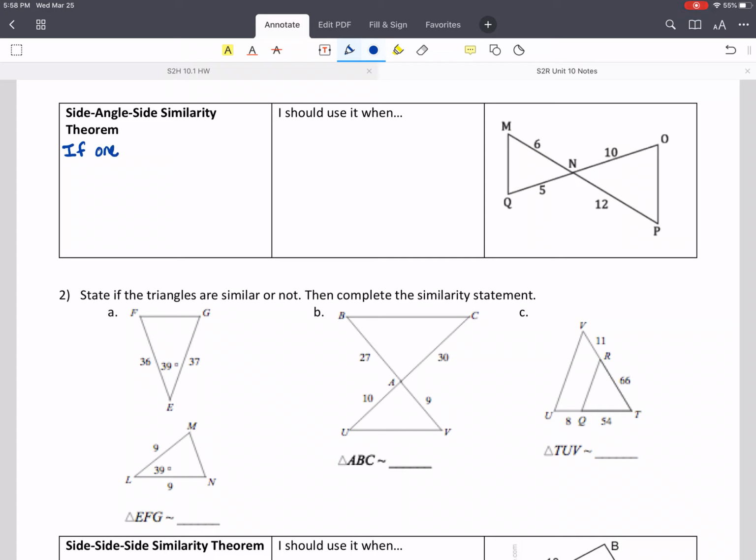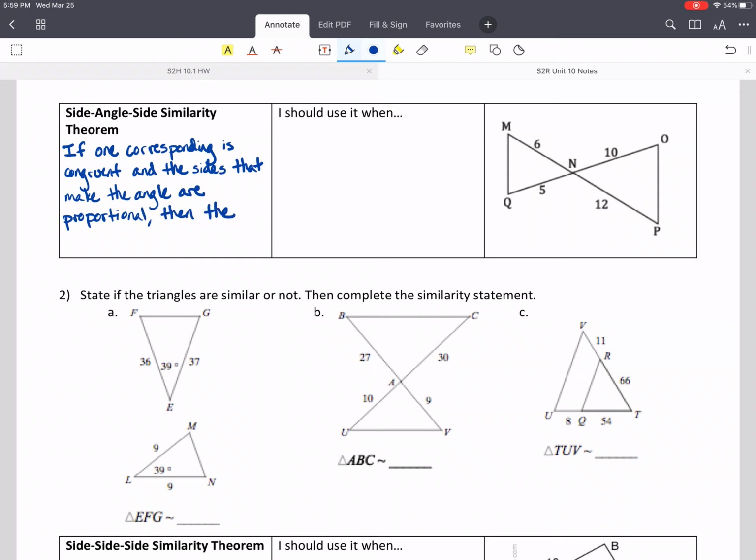If one corresponding angle is congruent, and the sides that make the angle are proportional, then the triangles are similar.